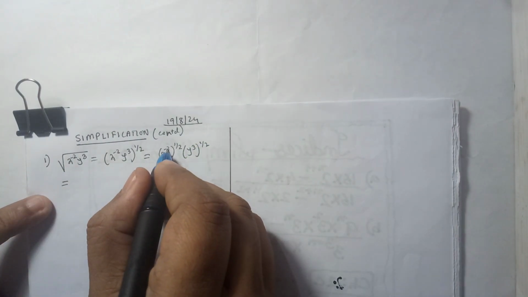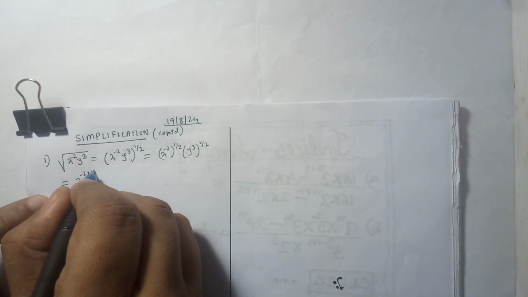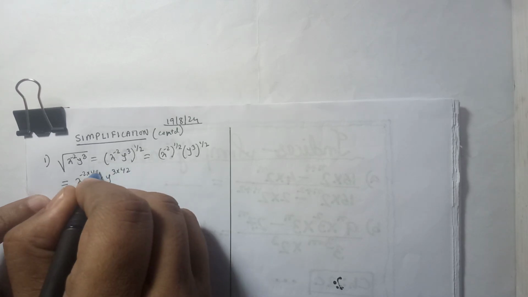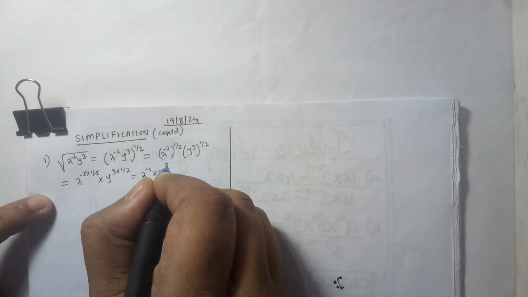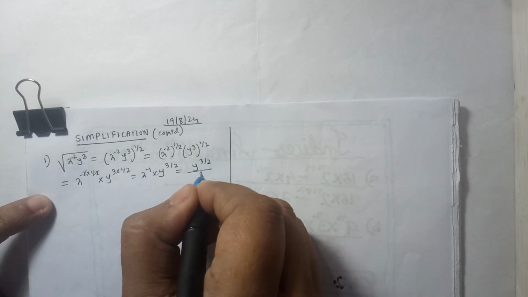Now we will multiply this, that is x to the power of minus 2 into half, y to the power of 3 into half. So x to the power minus 1 into y to the power 3 by 2. So y to the power of 3 by 2 by x.